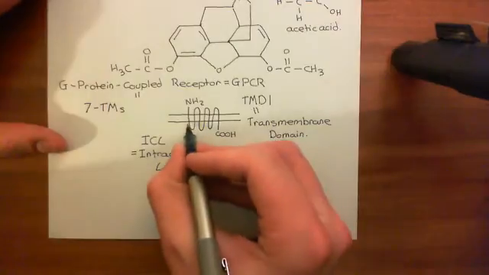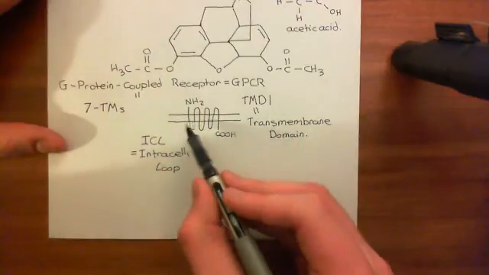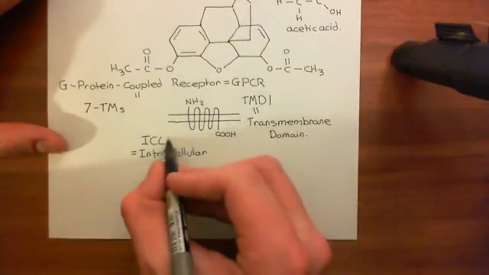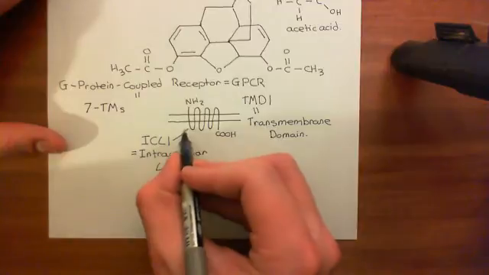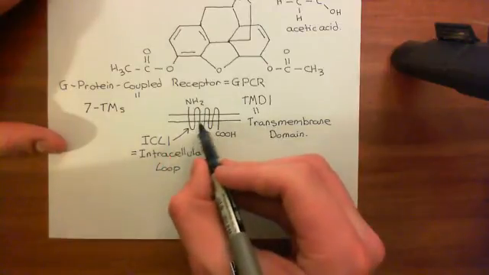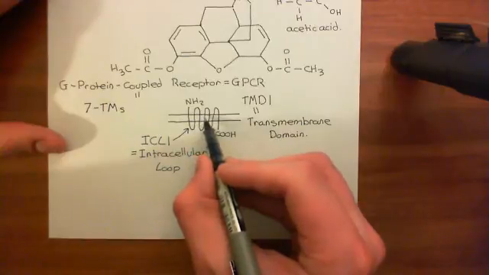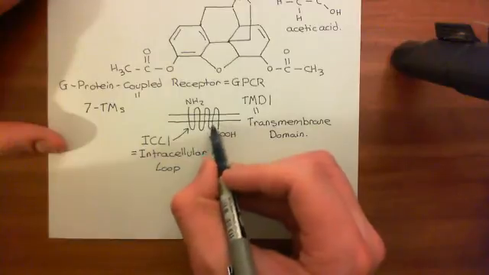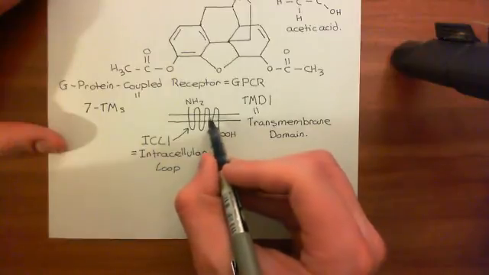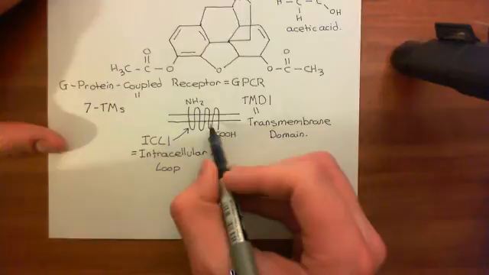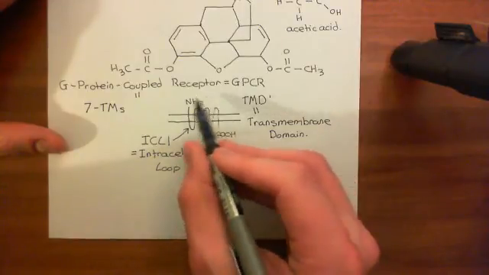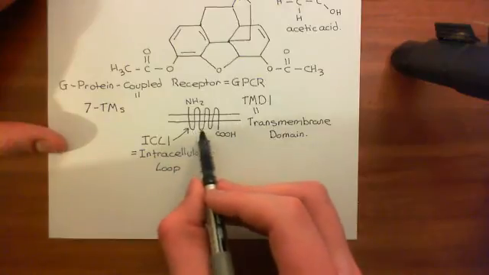So you have the first intracellular loop, which is this one between the first transmembrane domain and the second transmembrane domain, and this will be called ICL1. Then you have the second intracellular loop between transmembrane domain 3 and transmembrane domain 4. This will be called ICL2. You have the third intracellular loop between transmembrane domain 5 and transmembrane domain 6, and this can be abbreviated to ICL3. So that's the nomenclature for the intracellular loops.